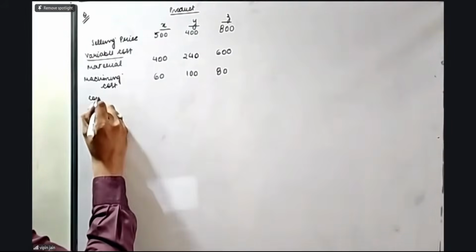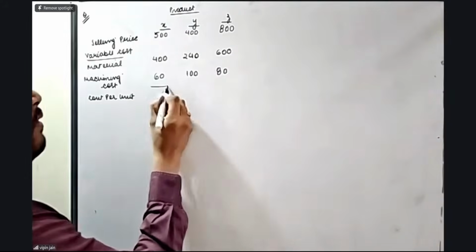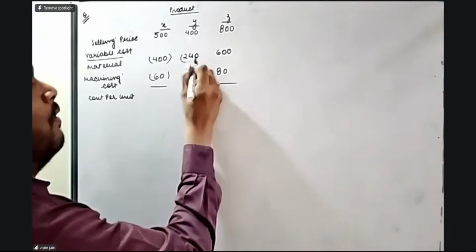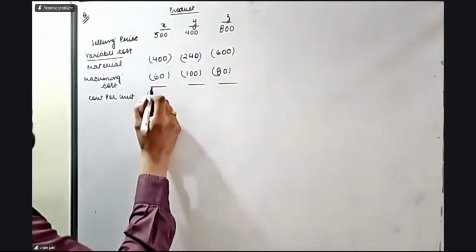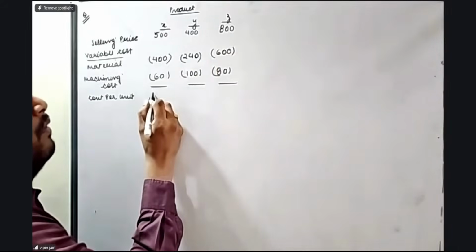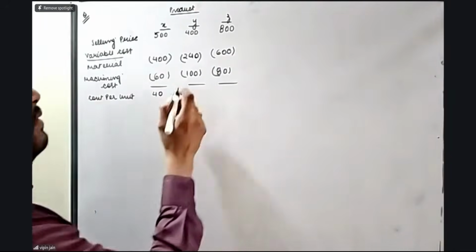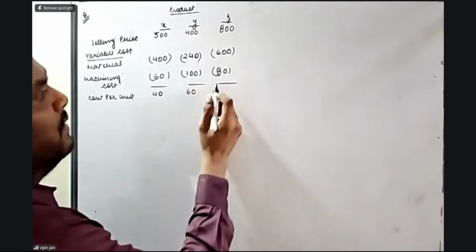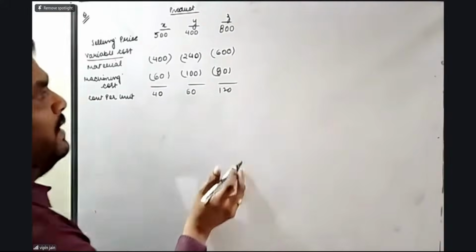So we'll get the contribution per unit: ₹40, ₹60, 120.